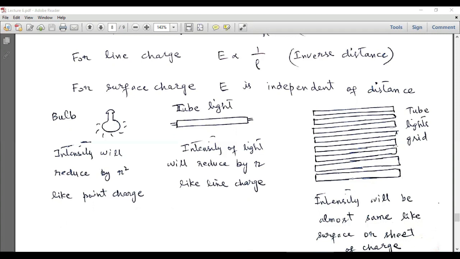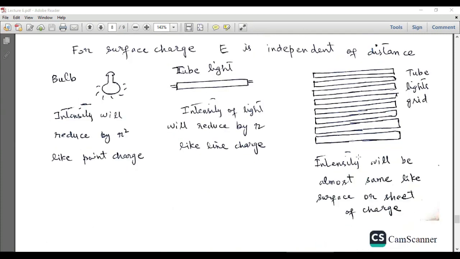So this is a sheet of sources of light, and this type of source is very attractive, because if we have such sheets of light at the roof, the intensity of the light will be almost similar as we move away from the source.